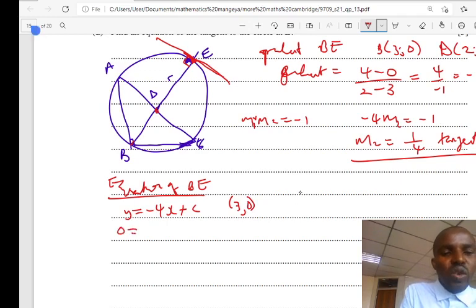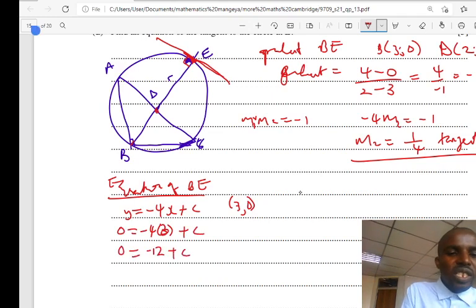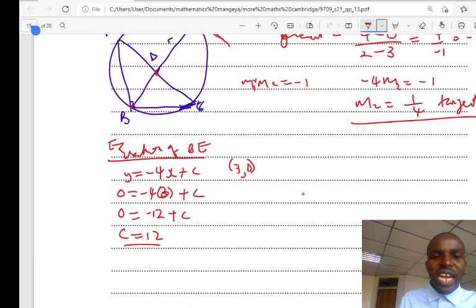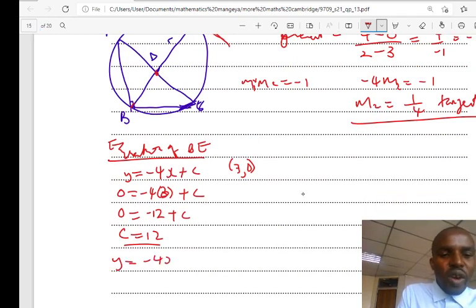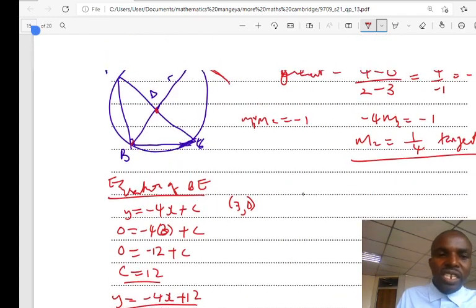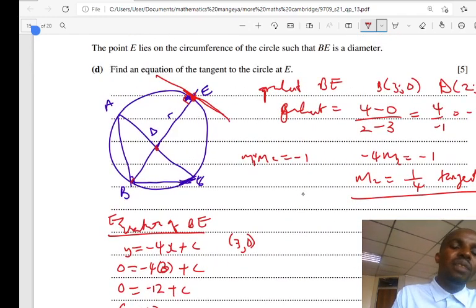So 0 equals minus 4 times 3 plus c. 0 equals minus 12 plus c. So we get c equals 12. After that, we can say y equals minus 4x plus 12. So this one is the equation of the line BE.